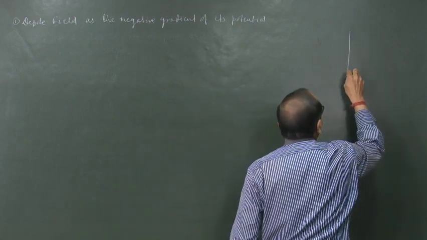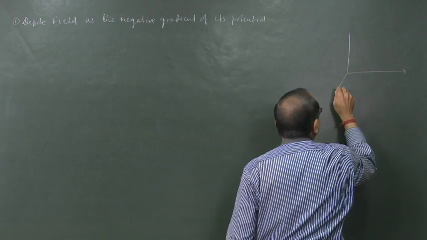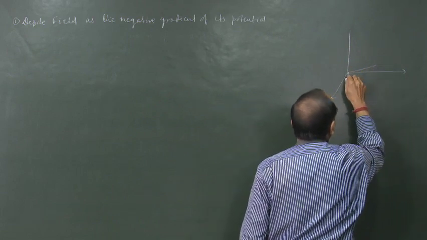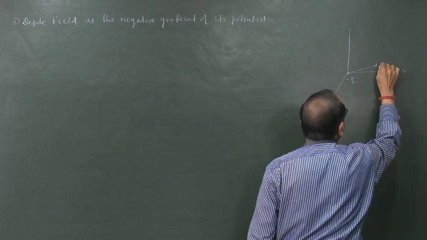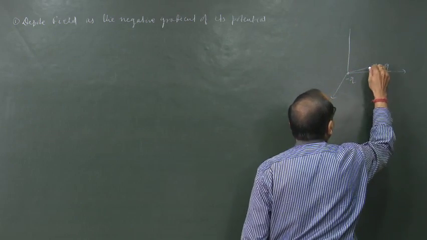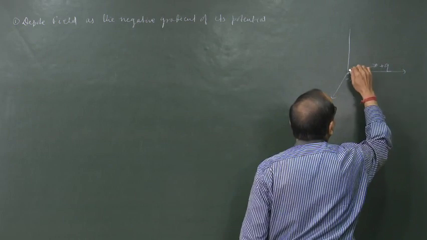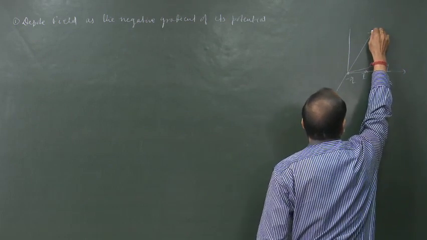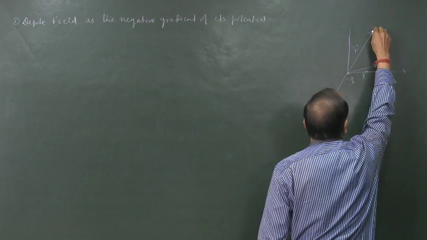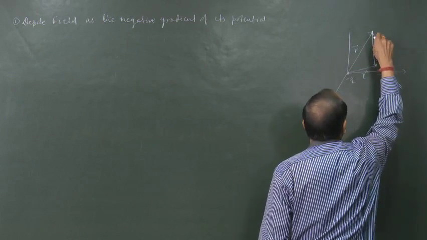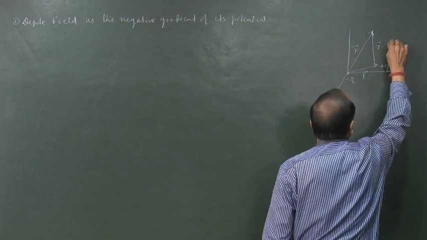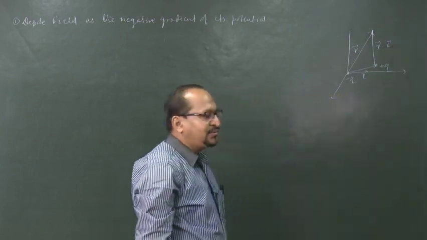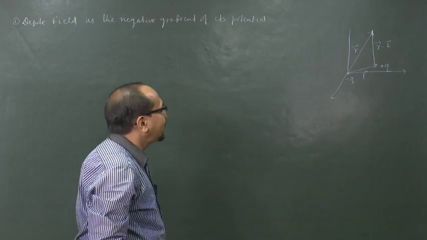So, if this is our coordinate system and a dipole consists of a charge minus q and a charge plus q separated by a vector L, and the point of observation has a position vector r, then this point is at r minus L from charge plus q.